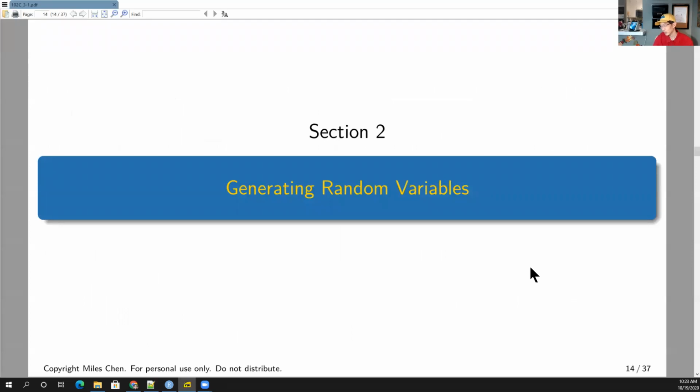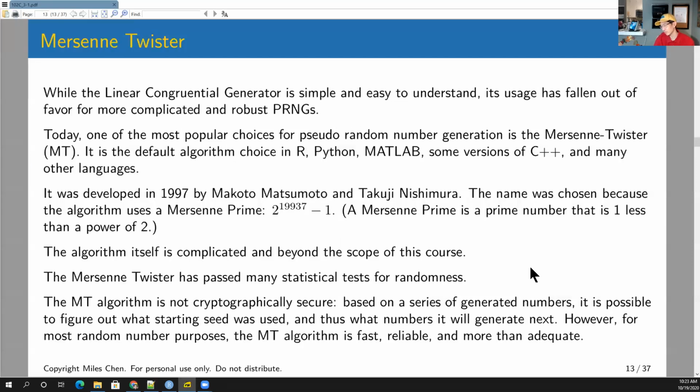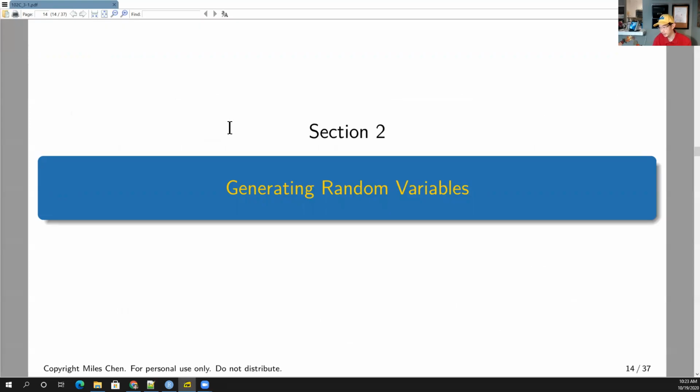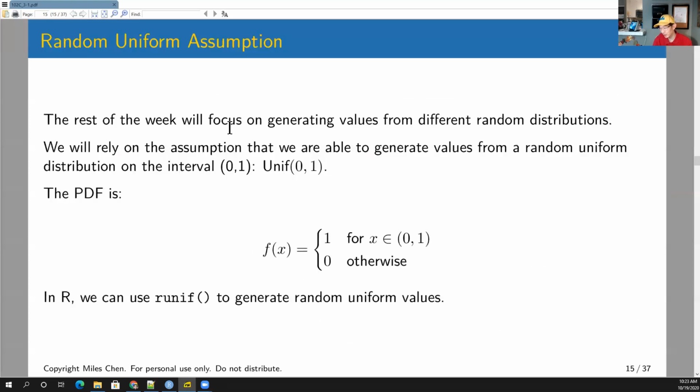Anyway, we're going to assume now that we're always able to generate values from the random uniform distribution, and that's going to form the basis for all of our future random variable generation. We're okay with that because we've got the Mersenne Twister. I showed you a little bit of the linear congruential generator, the LCG, which was what was used historically, but not anymore, not for the last 20 years.